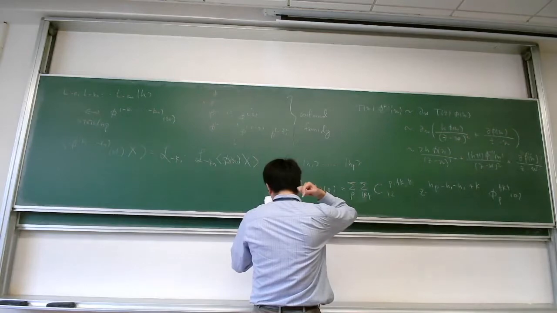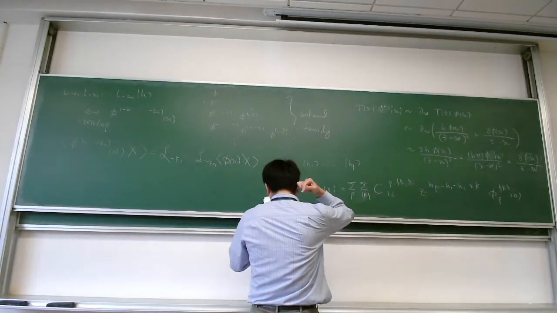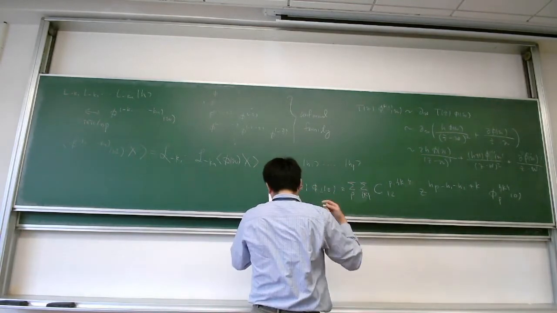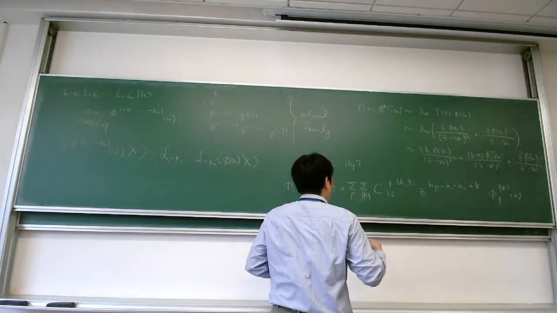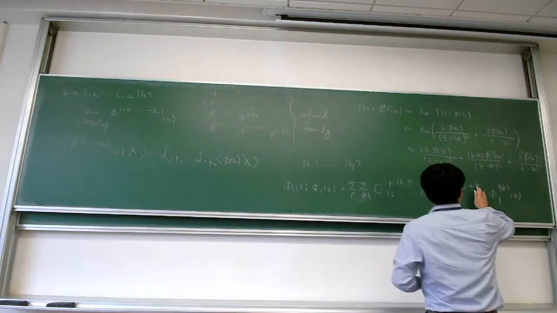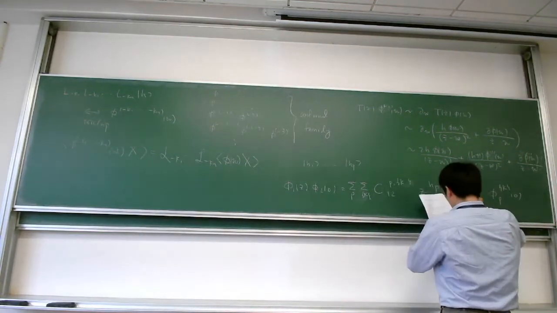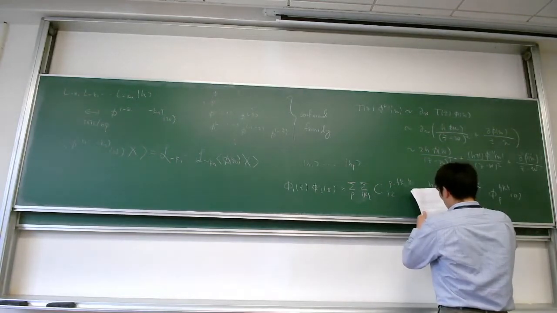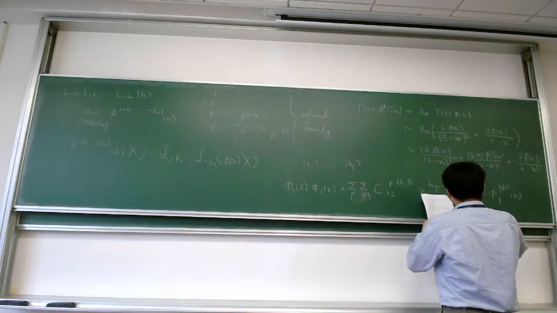Since the correlation function of descendants can be constructed from primary fields, we just need to consider only the correlation function of primaries via the OPE. In particular, this capital K can be understood as the sum over i of Ki.